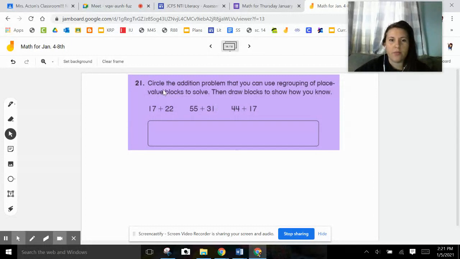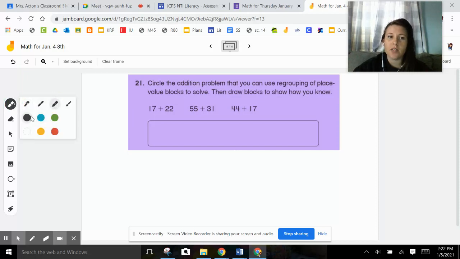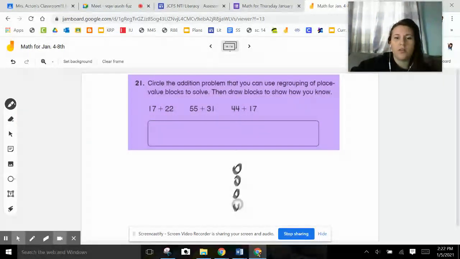All right, so the first question, this looks a lot like one that you're going to be seeing on your classwork for today. Circle the addition problem that you can use regrouping of place value blocks to solve. Then draw blocks to show how you know. When I say the word regrouping, and when your test says the word regrouping, all regrouping means is when you take your ones cubes and you have enough to turn them into a 10 stick.